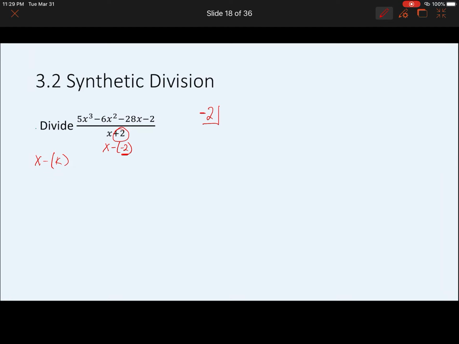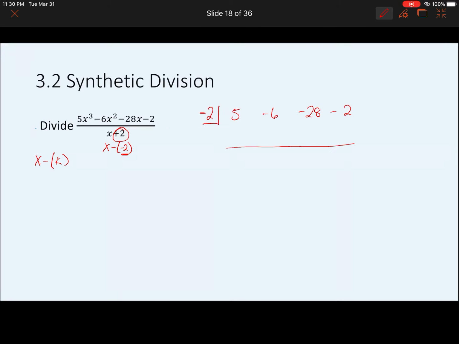If you go back and look at the others we've done, we used the opposite of negative 3, which is positive 3. We used the opposite of negative 4, which is positive 4. Now we're doing the same thing. We're going to use the opposite of 2, which is negative 2. And so negative 2 is our number.